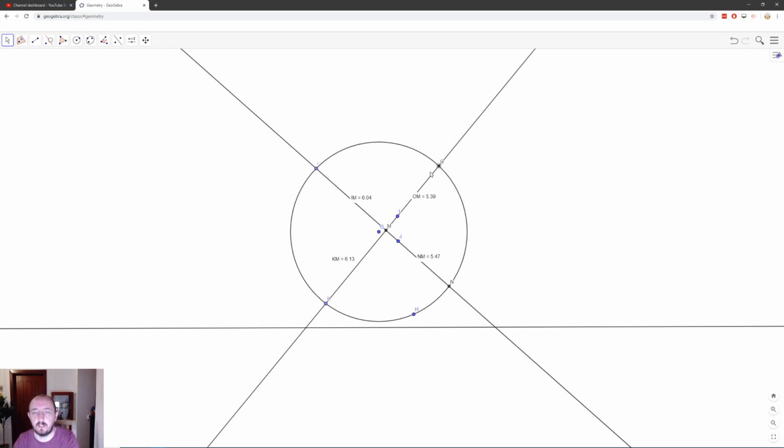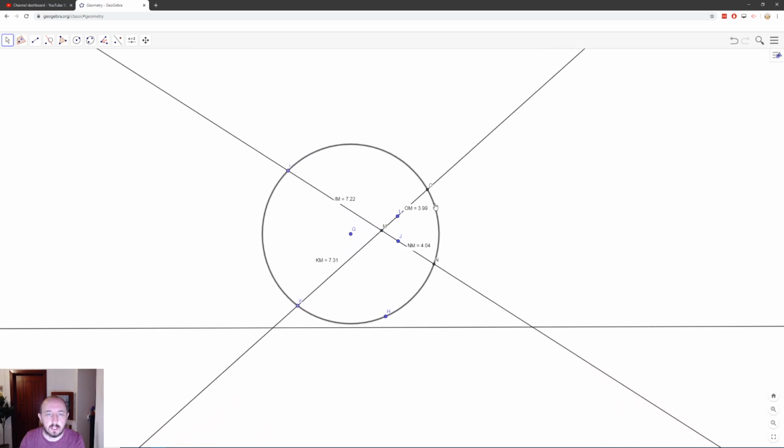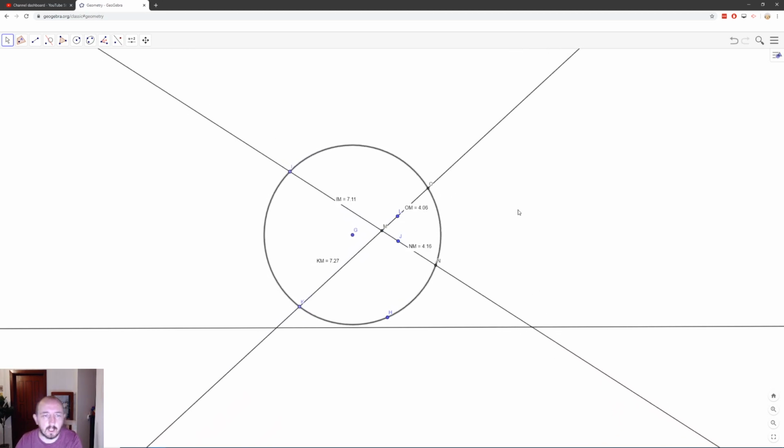If you do those, let's make it a little bit different like that. So IM, from the point I to where they intersect, is 7.11 times NM is 4.16.